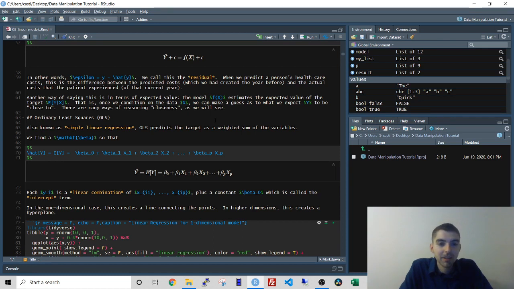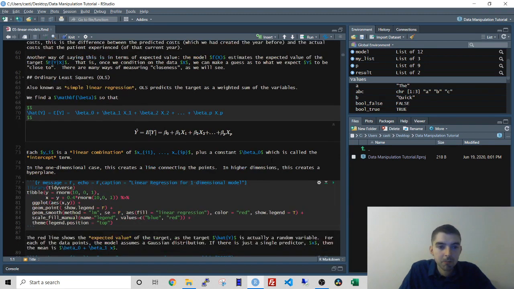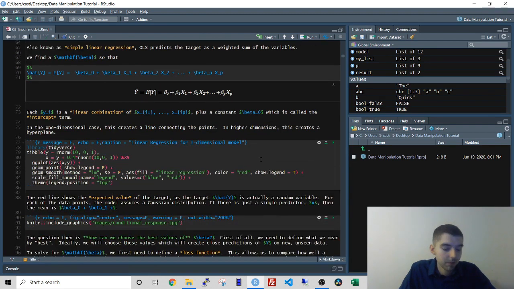So let's say my inputs are age and body mass index. Say they're just two inputs. Then the output would be the person's age times 5 plus their body mass index times 10 plus some other number. And it will do this for each person. This is called a linear combination.